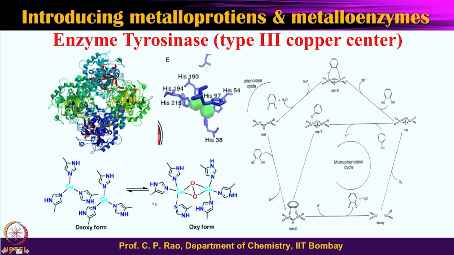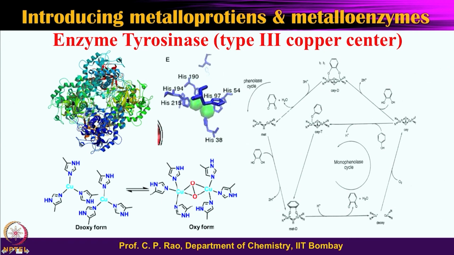Now, when you add the oxygen molecule to this, each copper 1 can donate 1 electron and go to copper 2, therefore, totally 2 electrons can be donated, and when the 2 electrons are donated to the O2, it becomes O2 2 minus, and that is what you see here, a bridged peroxo species. Such a thing we have already seen earlier when we were talking about the oxygen transport protein, hemocyanin. And this can be identified from the infrared spectral vibrational frequencies of the O-O stretching vibrations.